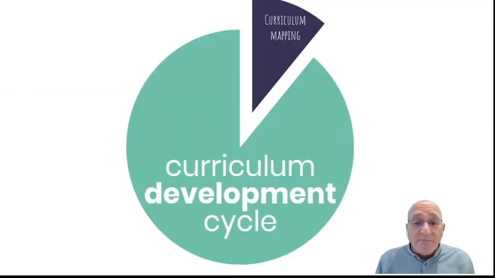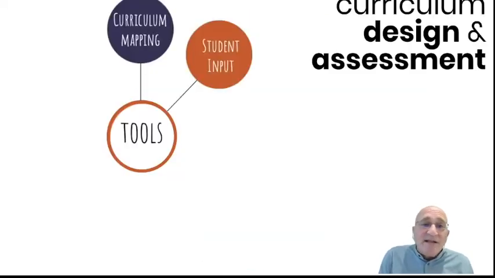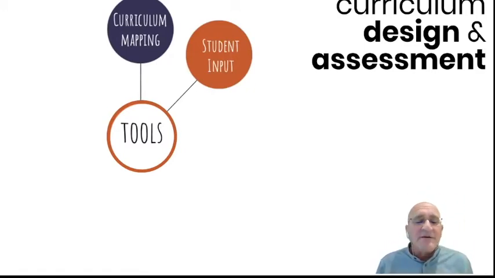And so curriculum mapping is an important but single point in the curriculum development and assessment cycle. You might think, what are some of the other points? I just want to talk about the triangulation, because mapping holds a particular place. Right now, there's a lot of focus on curriculum mapping because it's been missing from the conversation.